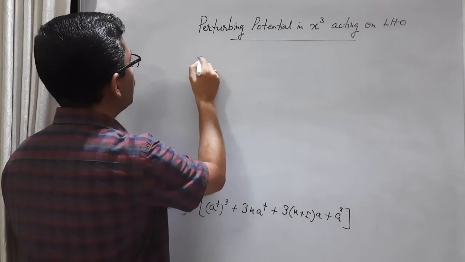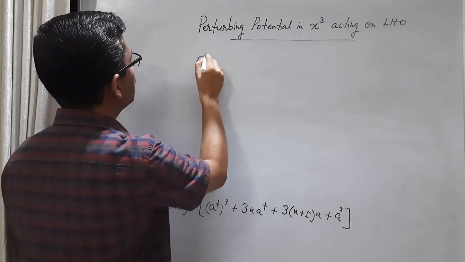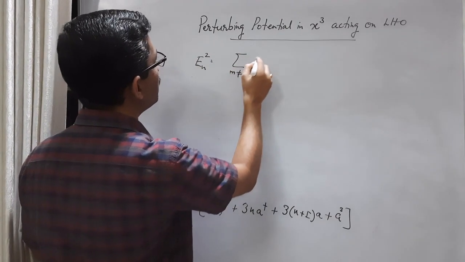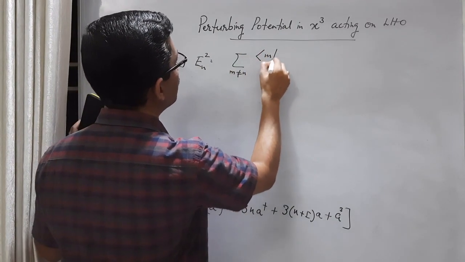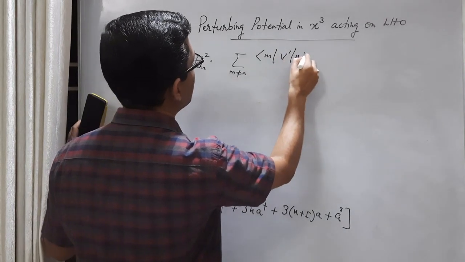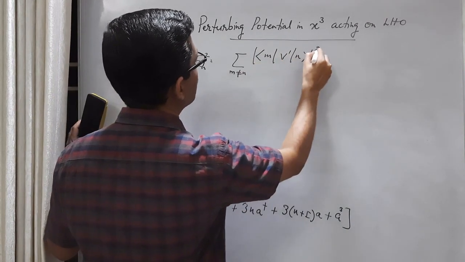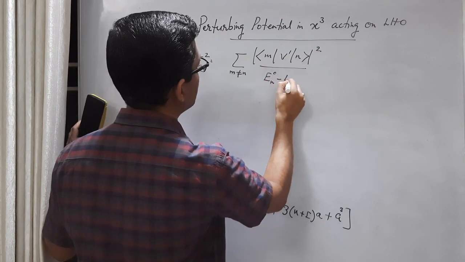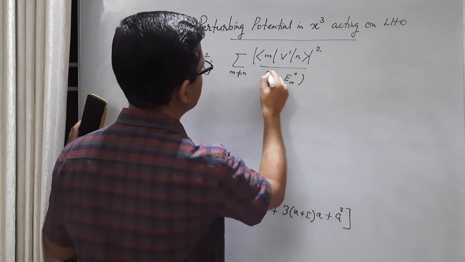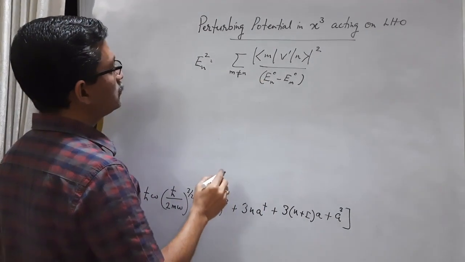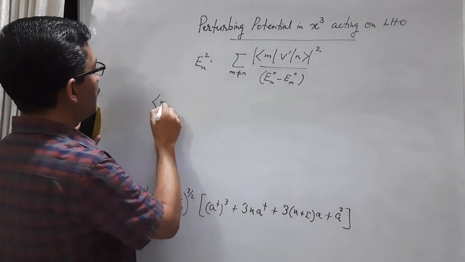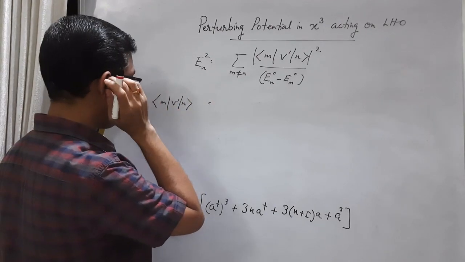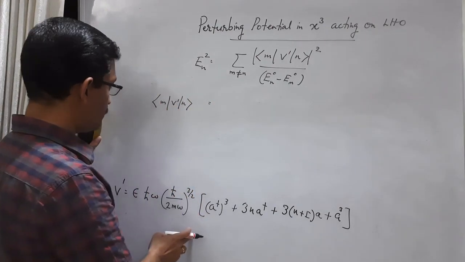So the second order correction in energy is, as I wrote earlier, the summation over m of |⟨m|V'|n⟩|² divided by (En⁰ − Em⁰). So we need to evaluate this ⟨m|V'|n⟩. V' is this.